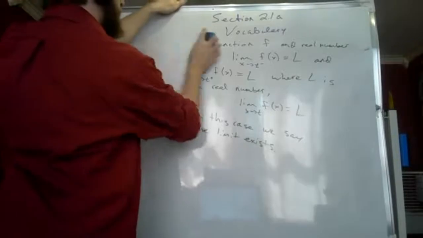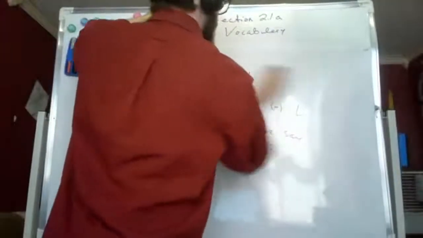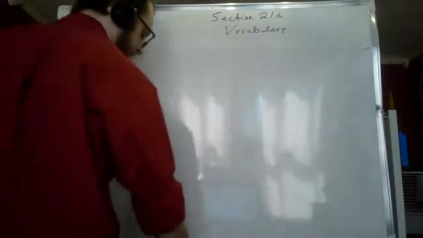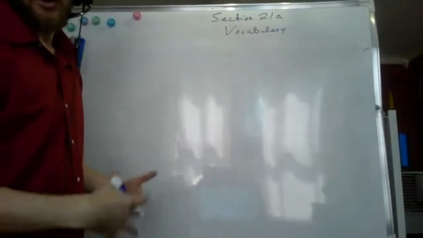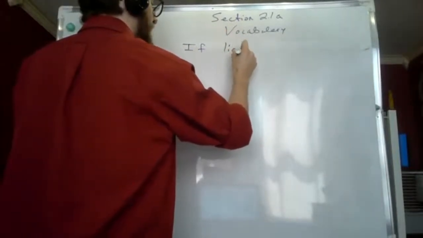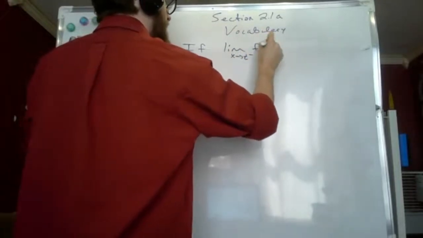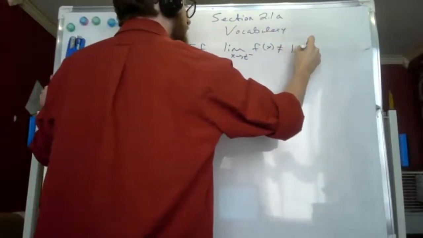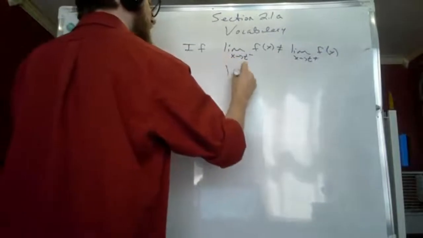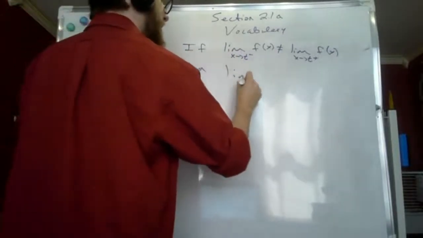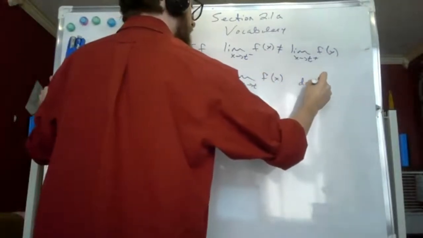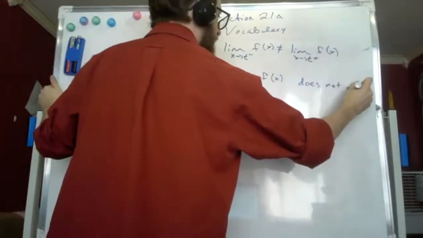So the next case we would like to discuss: if we talked about what happens if they equal each other, but if the limit as x approaches t from the left of f of x does not equal the limit as x approaches t from the right of f of x, then the limit as x approaches t of f of x does not exist.